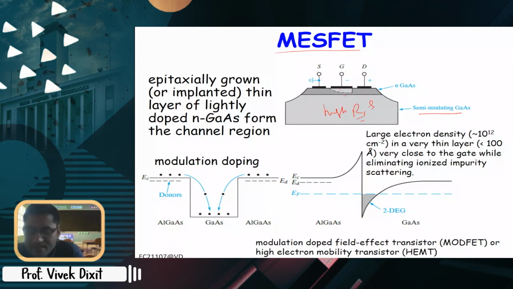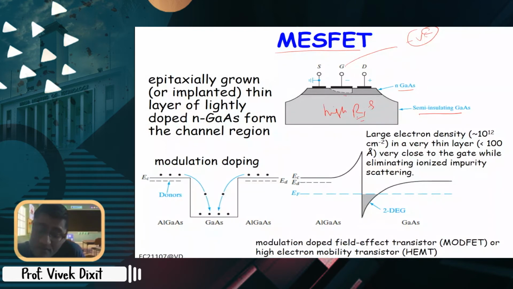So this metal semiconductor junction again, if this is N type, for depletion region, which voltage you have to apply? It will be forward bias if metal is positive, right? So you have to apply negative voltage for it to deplete, because negative voltage will push the electron away, right? So then there will be depletion region here. So you can control the channel width.